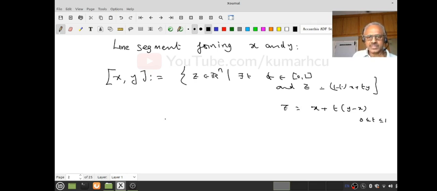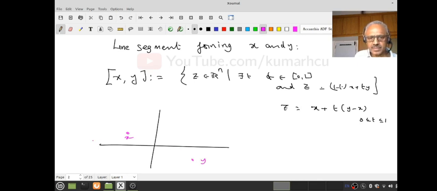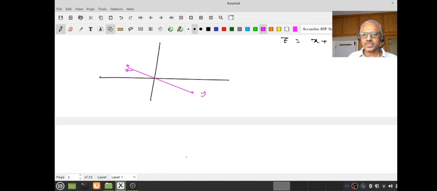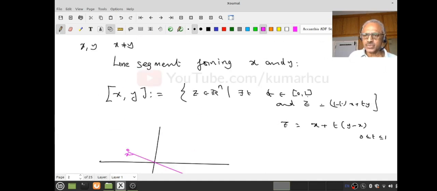So how do I visualize that? This is Rn, and I have two points x and y. Then this is the line segment which is joining x to y. Notice that at t equal to 0, it is x, and at t equal to 1 it is y.